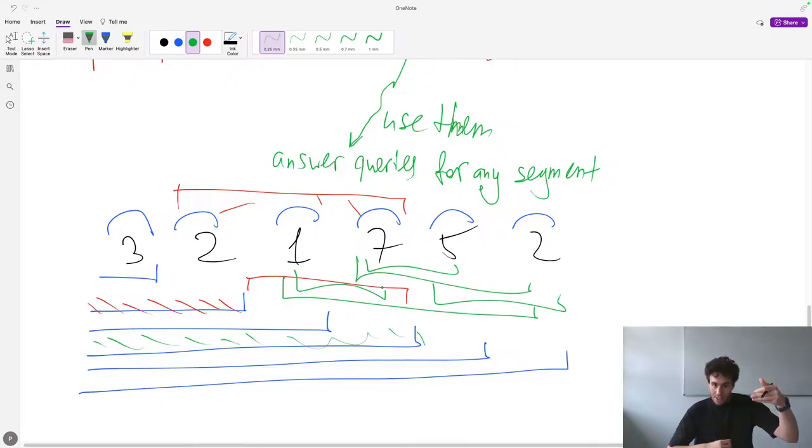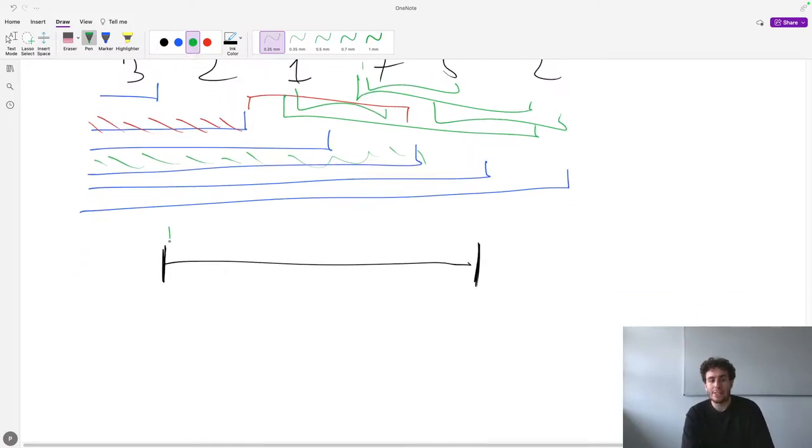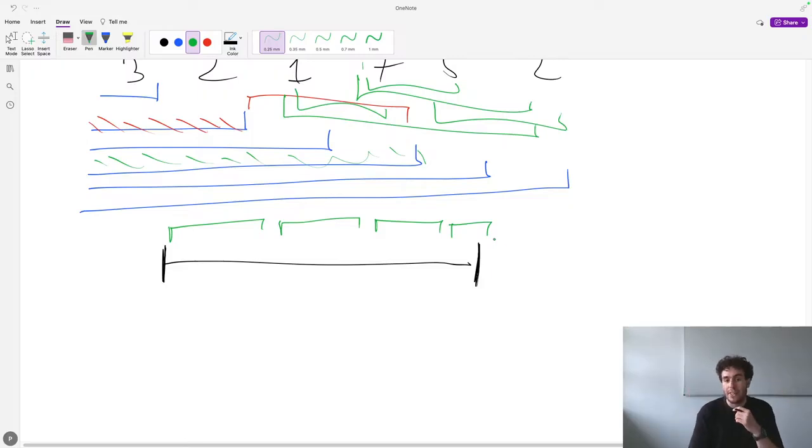So our goal, if you understand correctly, is to calculate a rather small number of segments at the preprocessing stage, such that later on, whichever segment I'm given as a query, I can construct this segment out of some rather small number of segments that I'm initially given.